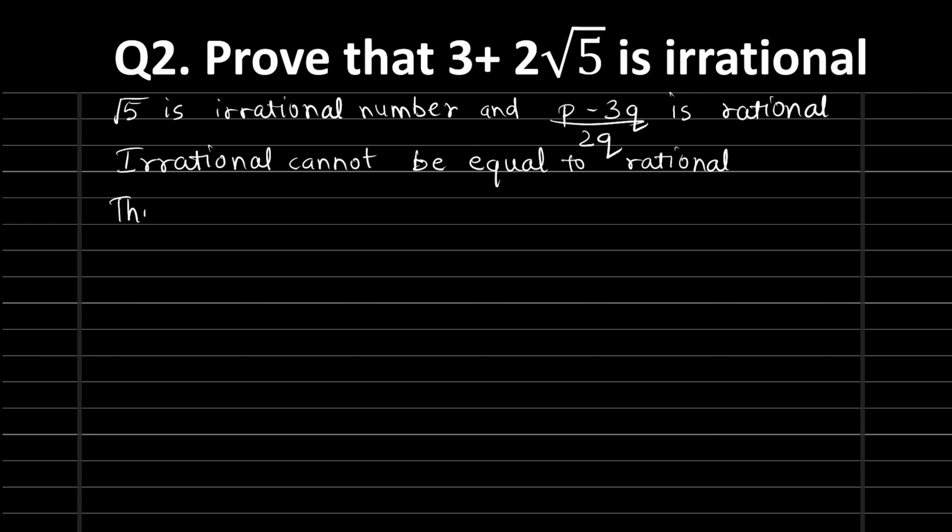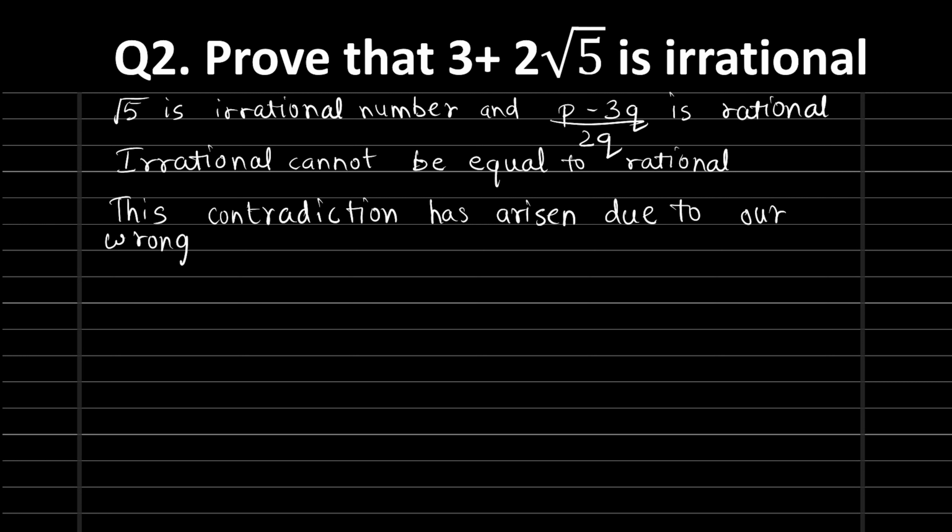So we can write down this contradiction as arisen due to our wrong assumption. What was our assumption? Our assumption was that 3 plus 2 root 5 is a rational number.